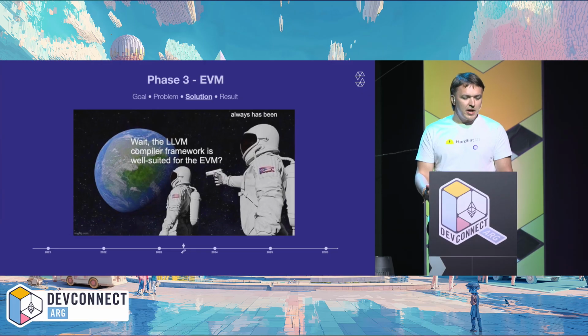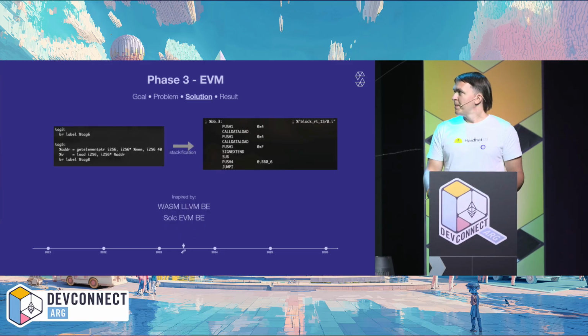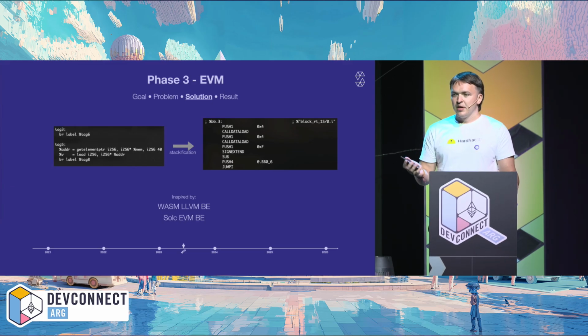However, it did not make a lot of sense to us because we knew that there was already one target in LLVM implementing a stack machine. It was WebAssembly. So we based our stackification algorithm on the WebAssembly backend, and a few ideas we also borrowed from the solc backend.